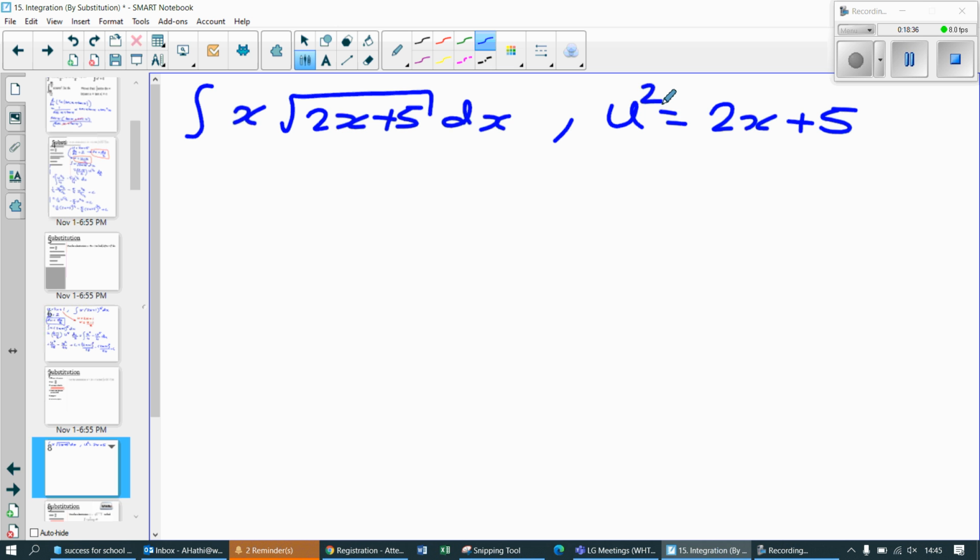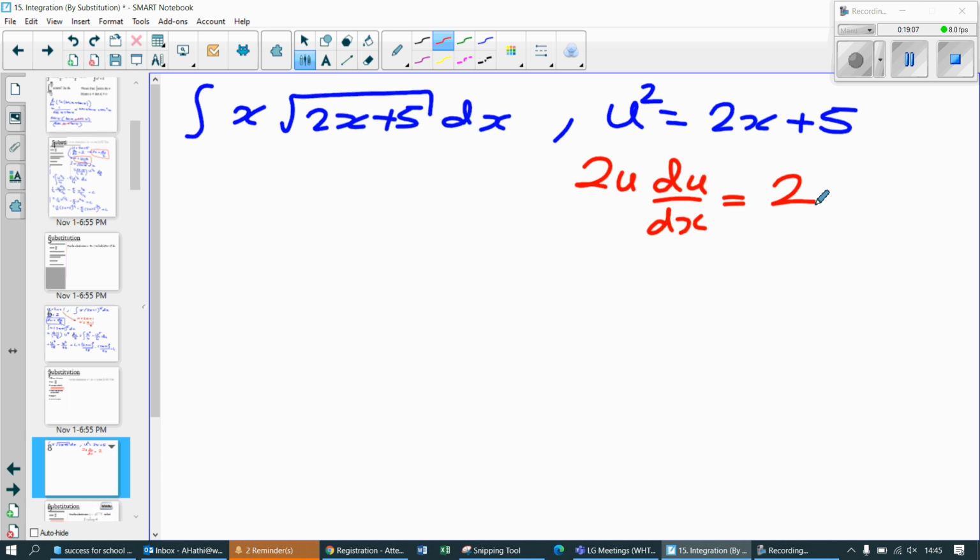Okay, fine. So the idea is you differentiate just normally, like with the u, and put the du by dx at the end. So if I differentiate this, what would u squared ordinarily differentiate to? 2u. And what would 2x plus 5 ordinarily differentiate to? 2. Does that ring a bell? You just didn't know the name.